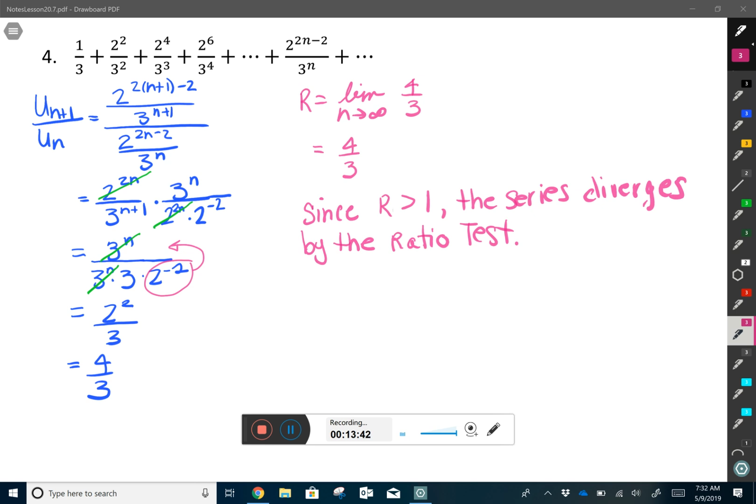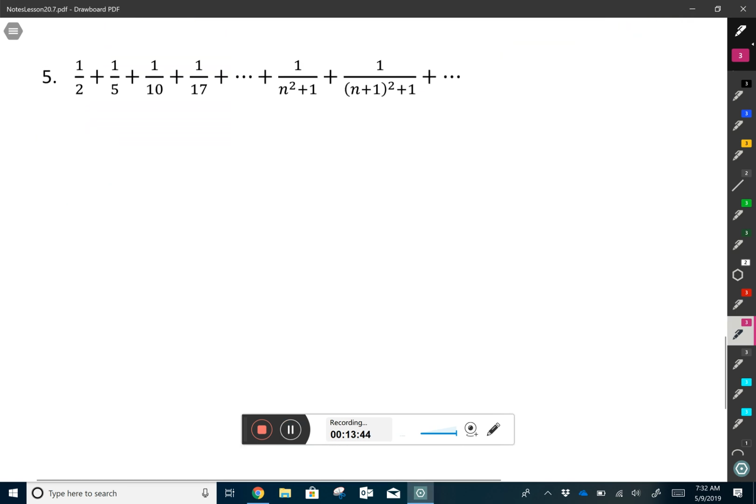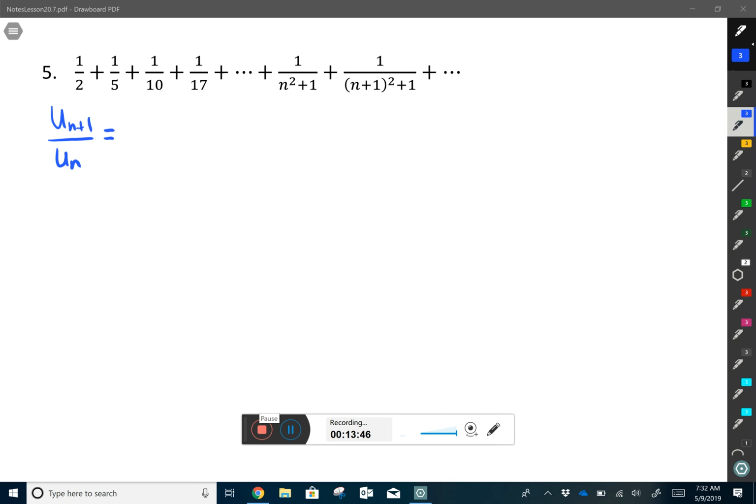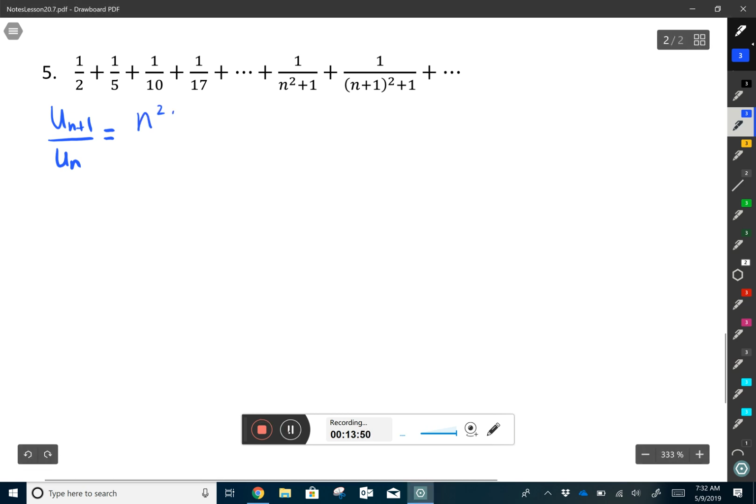Okay. And then when you did question number 5, after plugging that in, simplifying and calculating, you ended up with n squared plus 1 over n squared plus 2n plus 2. Everybody good with that? Is that what you guys got?